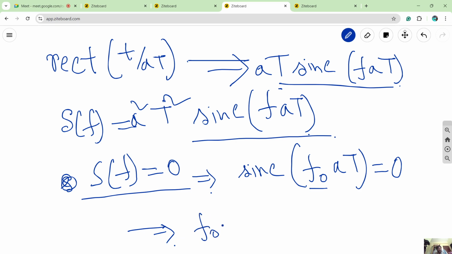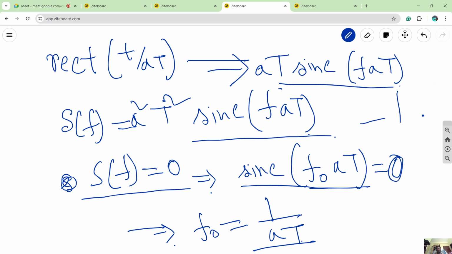From here we can get f0 is equal to 1 by aT, because sinc of this is 0 when f0 is 1 by aT. And then it again goes like that.